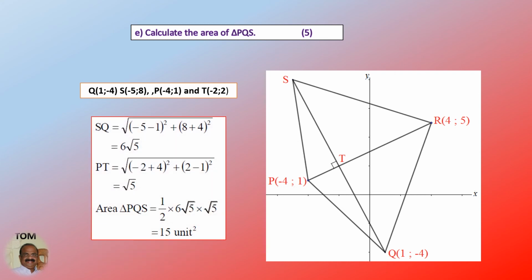So we use the distance formula to find the length of SQ. Square root of x2 minus x1 whole square plus y2 minus y1 whole square. From the formula sheet, we substitute S and Q. We get 6 root 5.